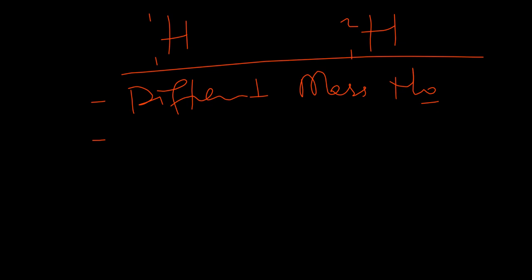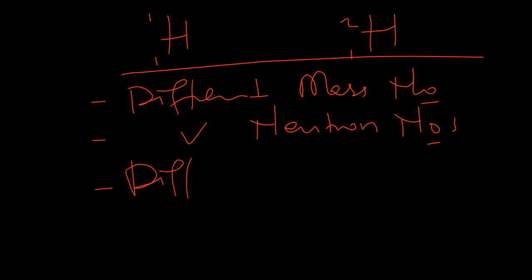So they have different neutron numbers. Then third, normally when you take two isotopes, what makes them different physically is their physical properties. You might end up having two isotopes, one looking like a liquid and the other being solid. So usually they have different physical properties.